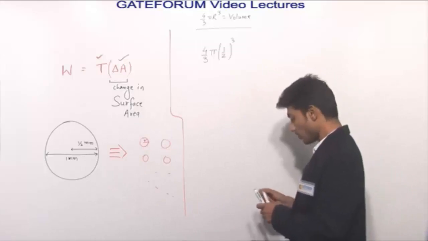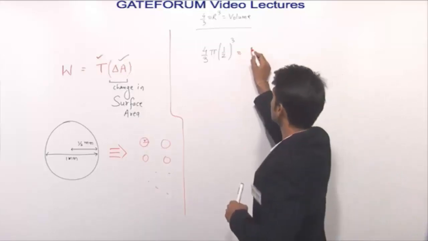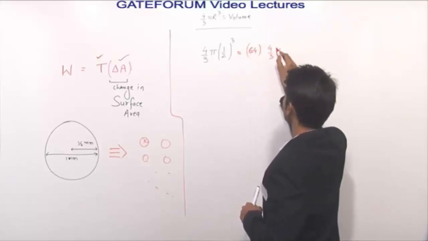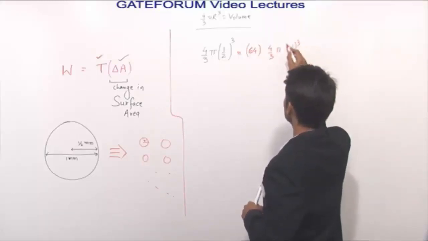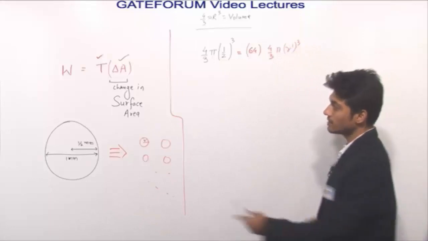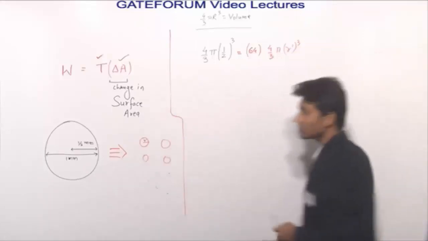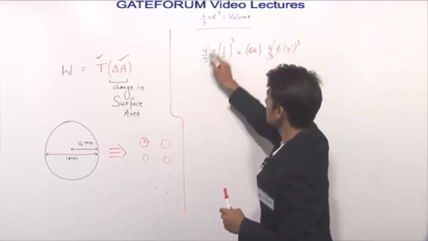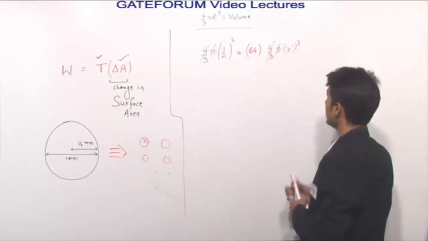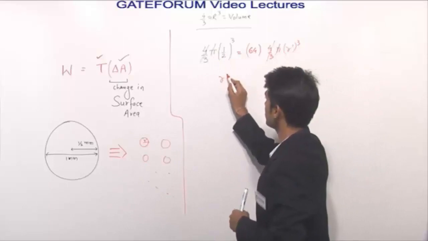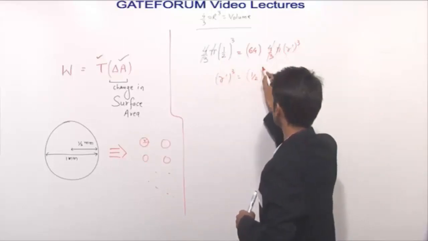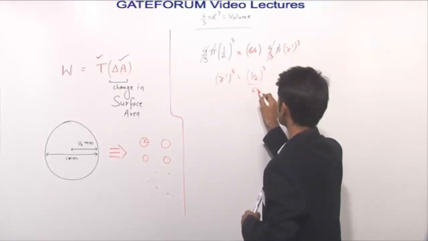This will be equal to 64 times 4 by 3 pi r dash cube, because this big droplet is converted into 64 small droplets. This 4 by 3 pi will be cancelled, and r dash cube is equal to 1 by 2 cube divided by 64.